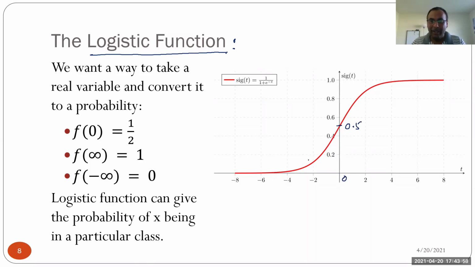And this f is the sigmoid function: f is equal to 1 over 1 plus e to the power minus t, and f is a function of t. We know that f of 0 is 1 by 2, f of infinity is 1, and f of minus infinity is 0. That is how we define the logistic function.